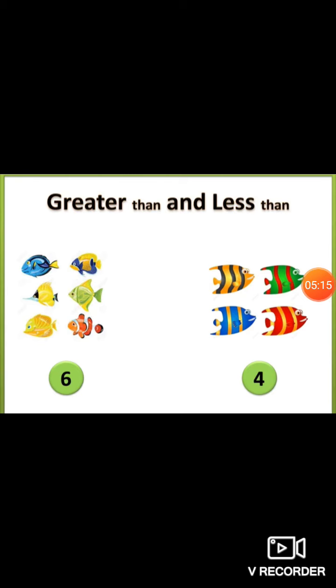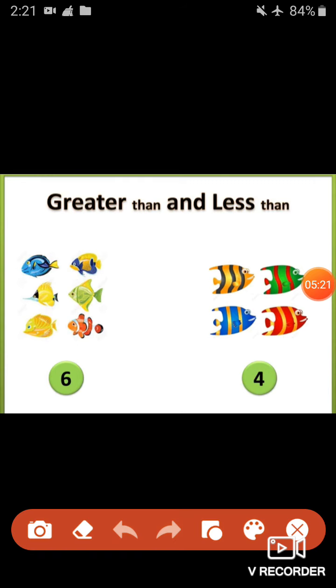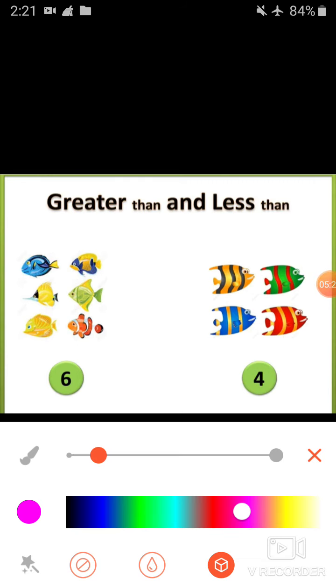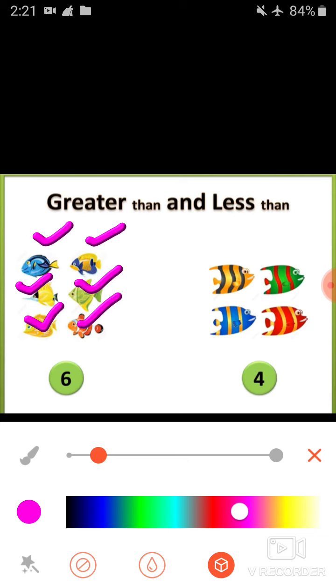Now students, look here, greater than and less than. Some fishes are given. Let's count them and compare both groups of fishes. 1, 2, 3, 4, 5 and 6. So there are 6 fish in the first group, and in the second, 1, 2, 3 and 4.